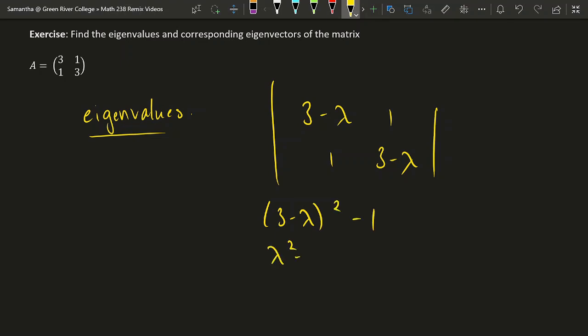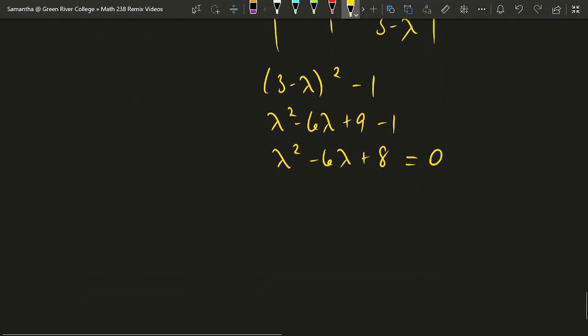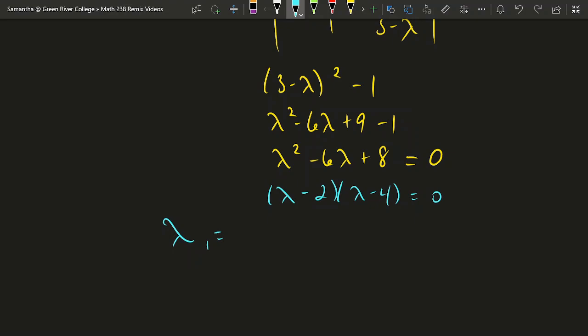I get lambda squared minus 6 lambda plus 9 minus 1, lambda squared minus 6 lambda plus 8. Then I set that equal to 0, and I solve for lambda. Here I can solve by factoring. And so I get 2 eigenvalues. One is equal to 2, and the other is equal to 4.